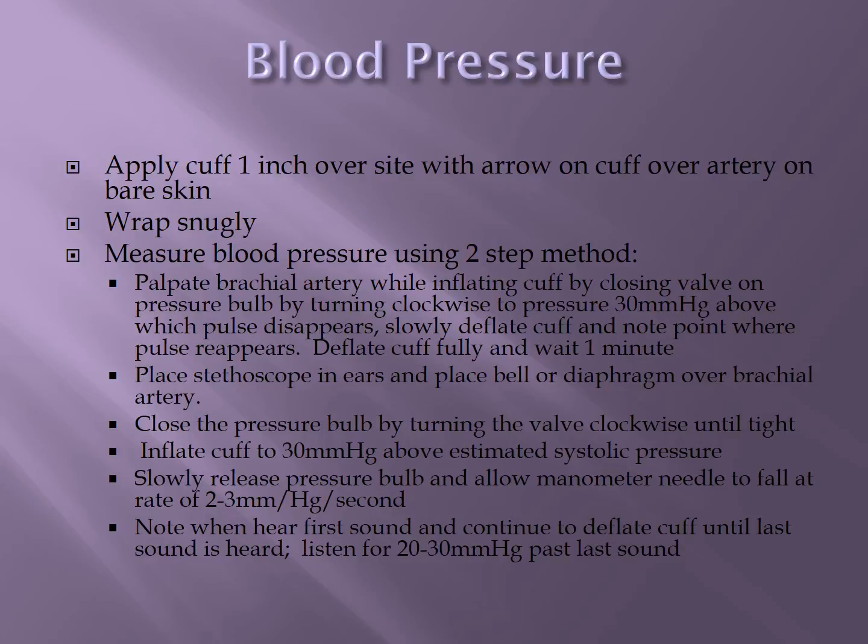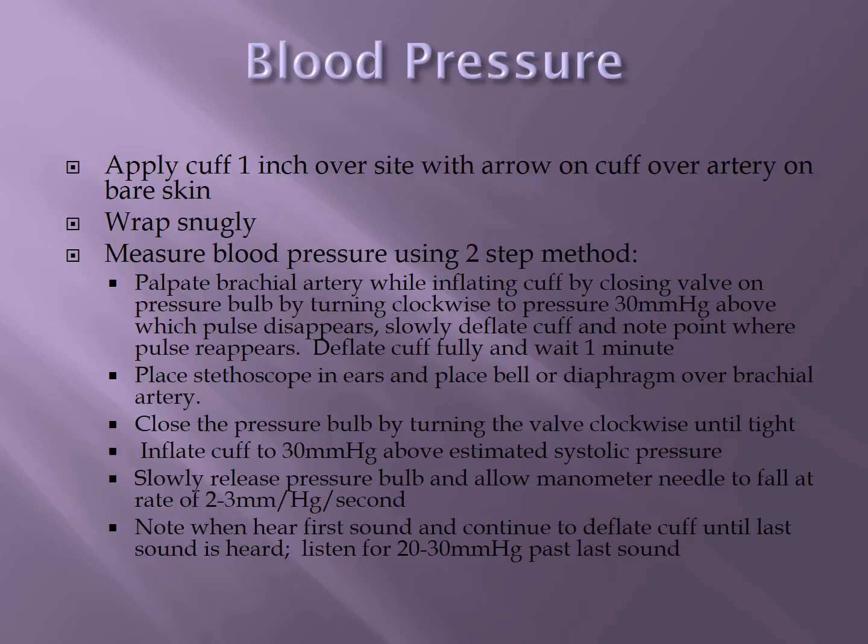You slowly deflate the cuff and you pay attention. When did I start feeling that pulse again? Now, when you feel that pulse again, that is telling you really what that systolic pressure is. So after you start feeling the pulse, go ahead and deflate the cuff very rapidly and fully.